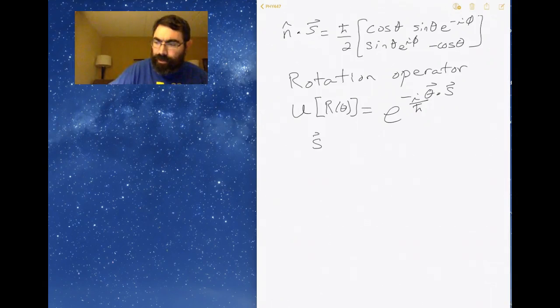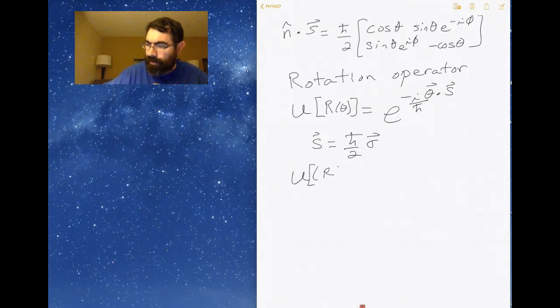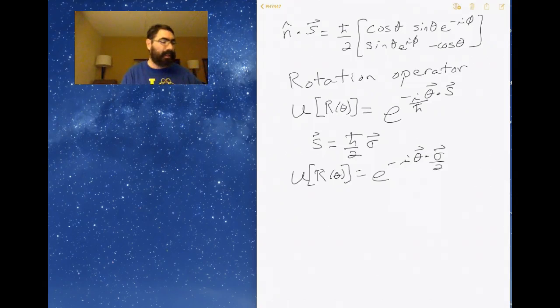Now, since the spin is h bar over 2 times the Pauli matrix, we can rewrite this transformation as e to the minus i theta dotted into the Pauli matrix divided by 2.